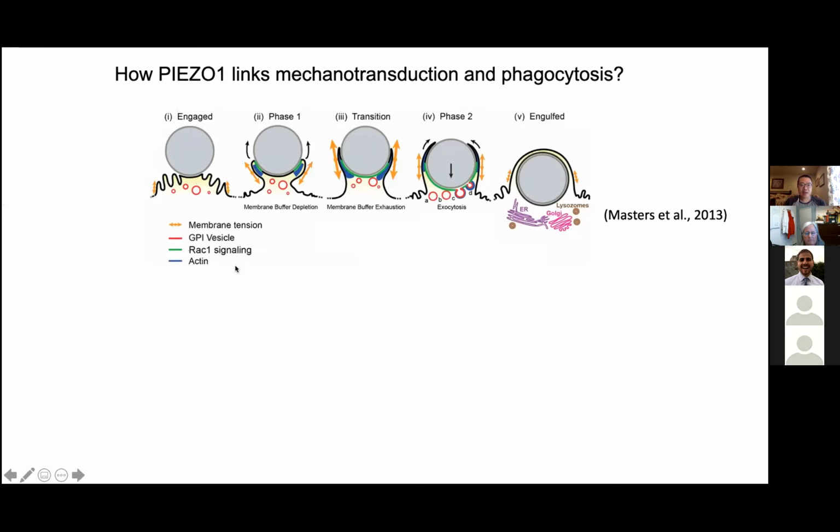And at the molecular level, calcium-dependent RAC1 signaling is important because RAC1, as a small GTPase, promotes actin filament dynamics in this process. So our hypothesis is that the gain of function PIEZO1 can elevate intracellular calcium level, which promotes RAC1 activity. And as a result, the phagocytosis is enhanced.